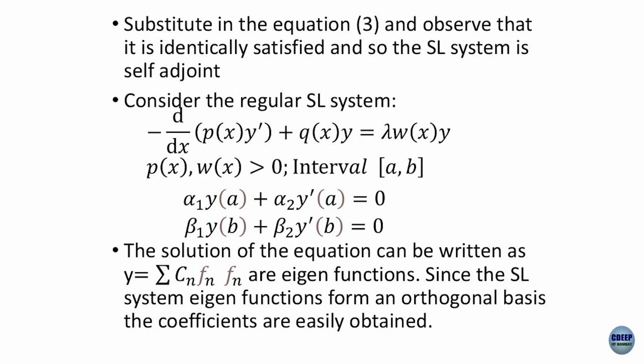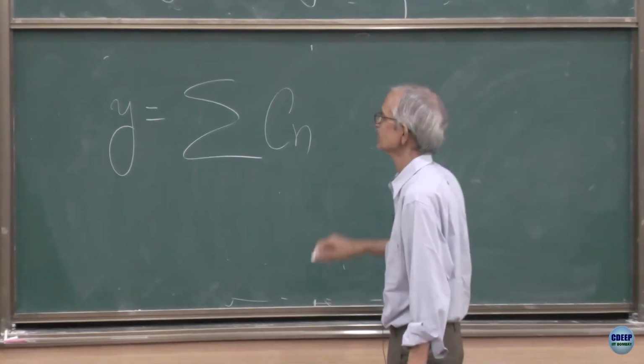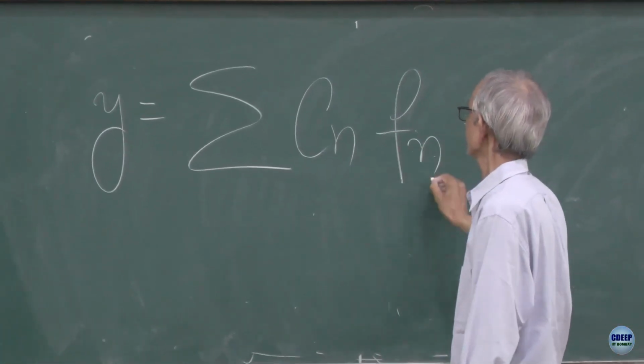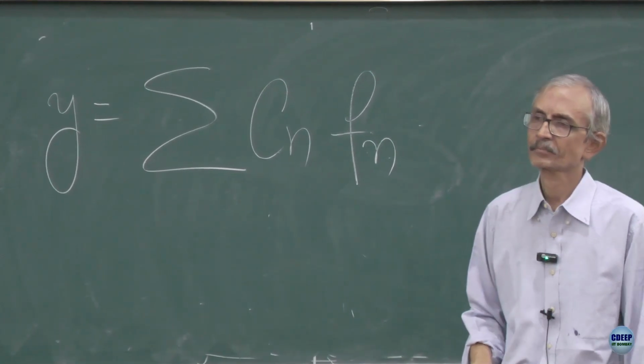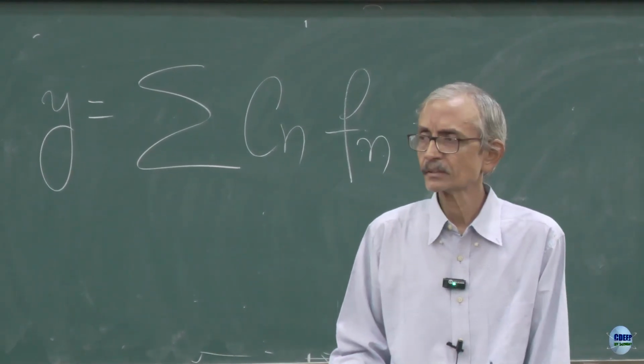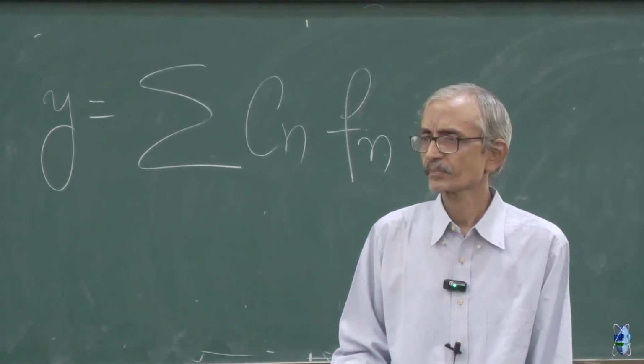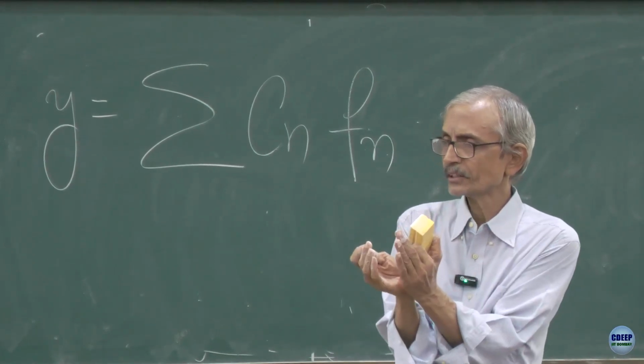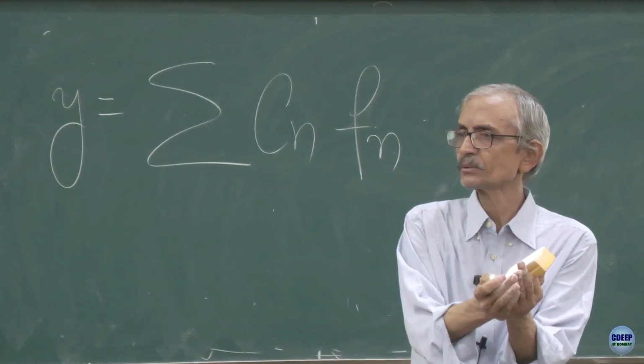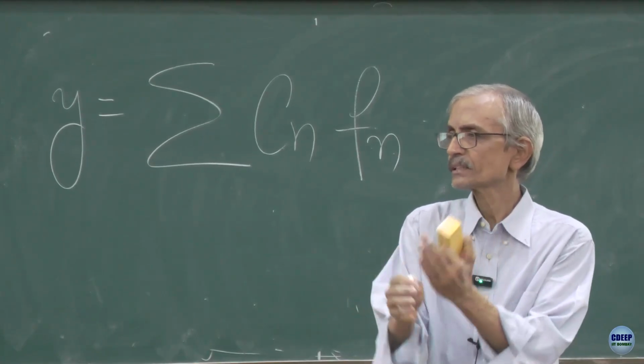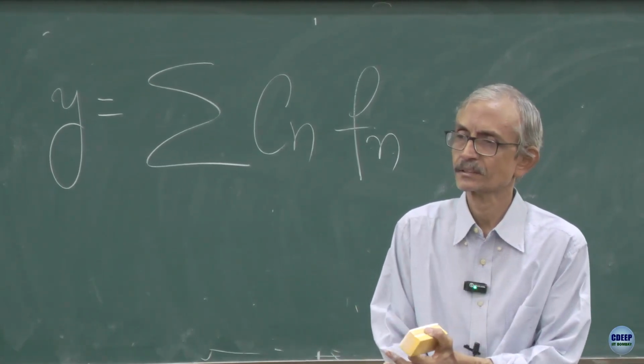Not really bold, because we have said everything. We say now that any function y is going to be a summation of some coefficient Cn times the eigenfunctions. Where have we seen this before? Any 2 pi periodic function we said was equal to a summation of sines and cosines.